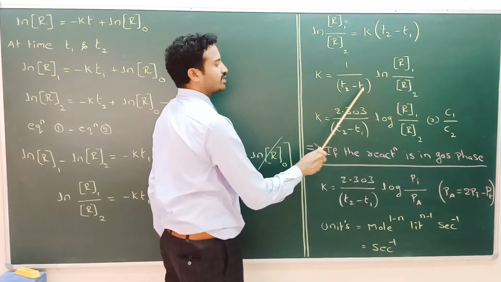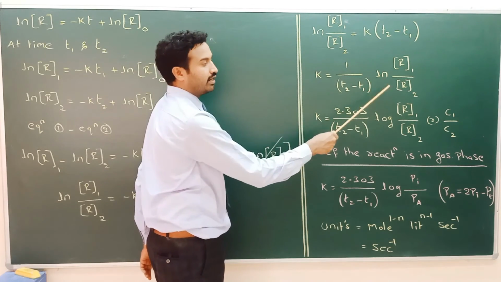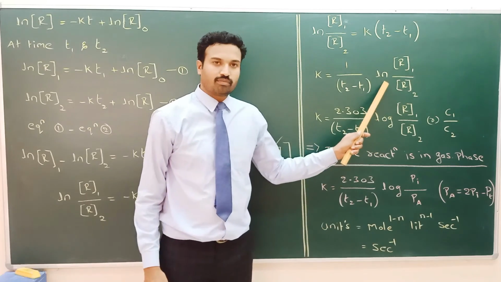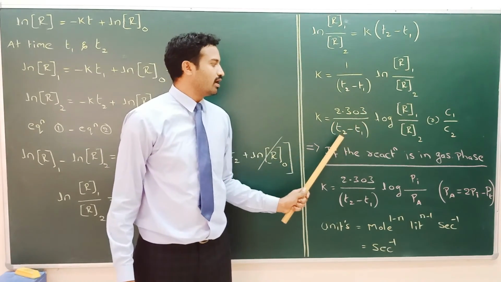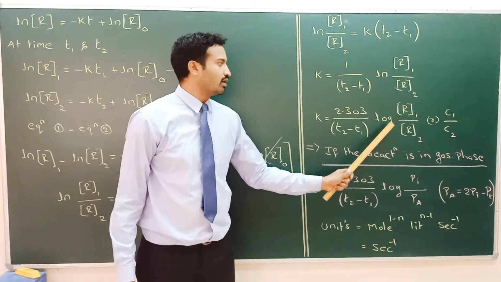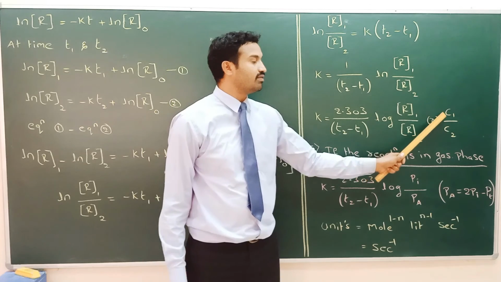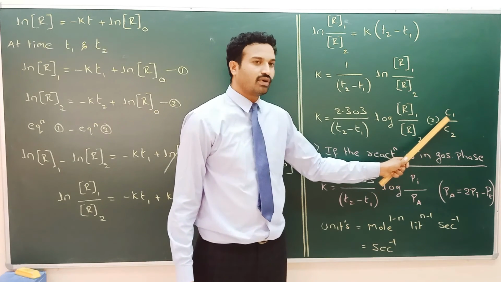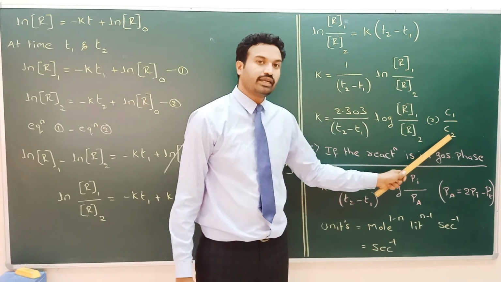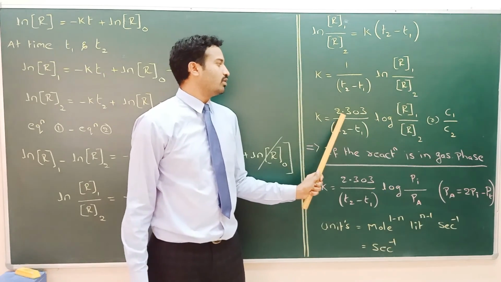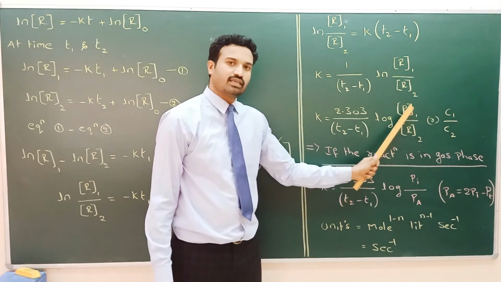Now, ln is converted into log by multiplying with 2.303, so K is equal to 2.303 by T2 minus T1 log R1 by R2. In some textbooks they give C1 by C2, concentration 1 at T1 time and concentration 2 at T2 time.